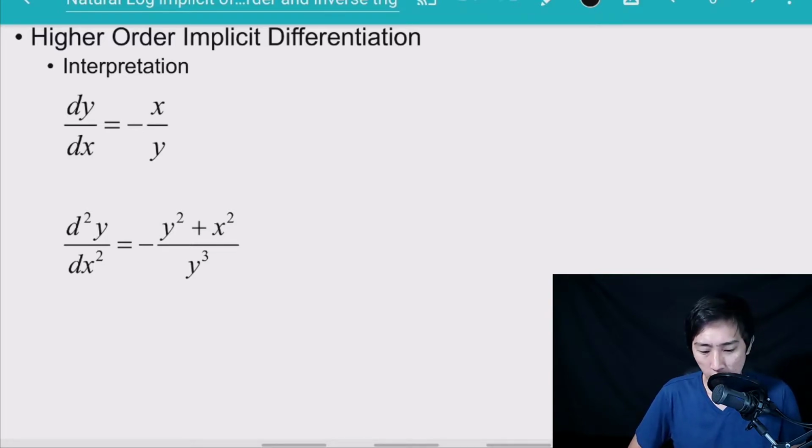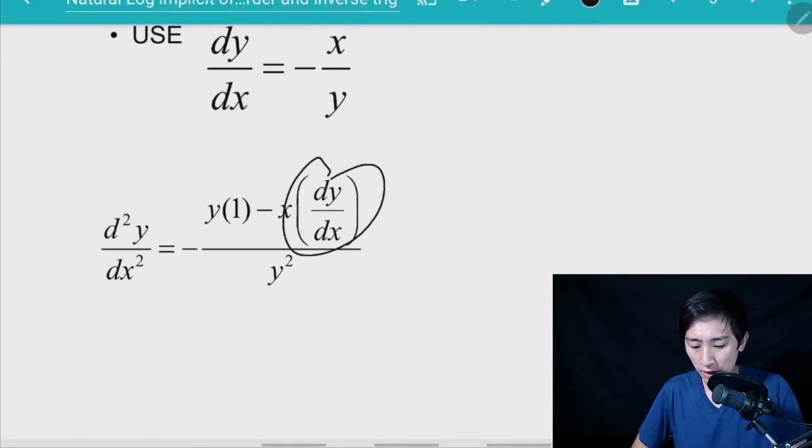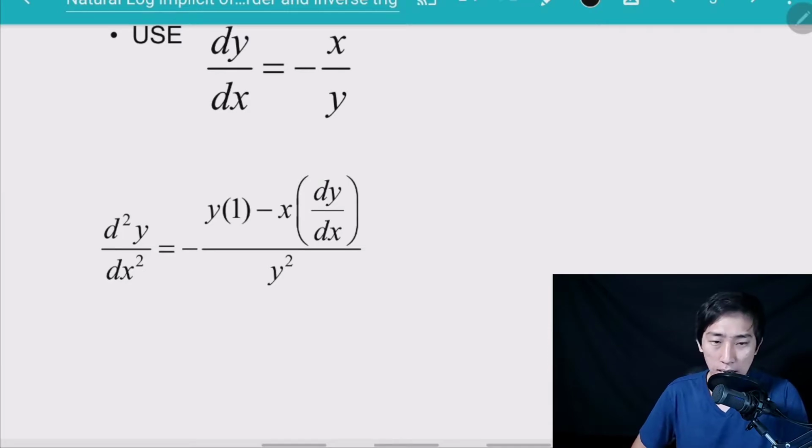It's just when we're using higher order derivatives, if I have a dy dx like I did back here, we can always just replace it with whatever we found our first derivative is. So again, it's really nothing very difficult. It's just a matter of being open-minded.